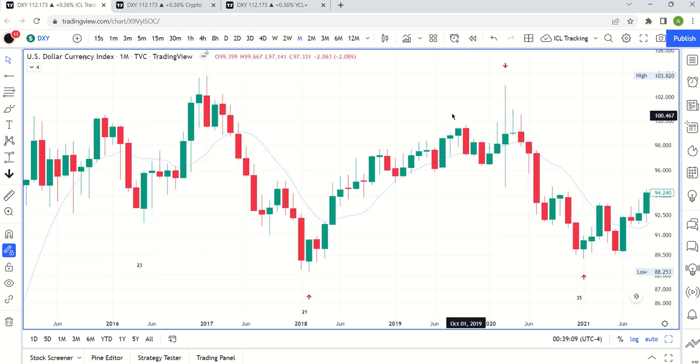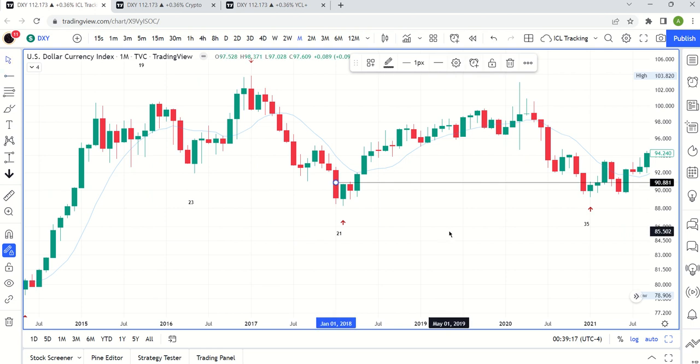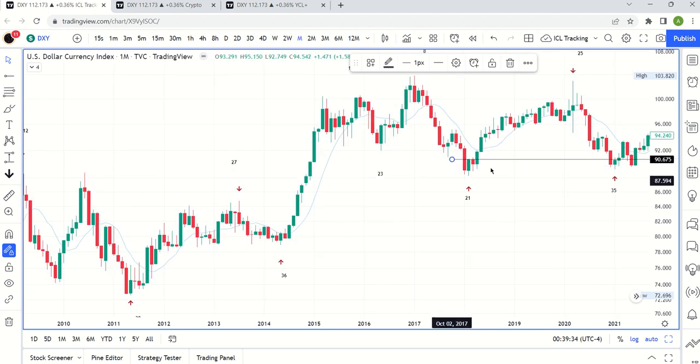As an example, this is your low from February 2018. We know it's our low once we crossed above the high from this candle, because this candle marks the low, and the high from this candle tells us we're now making higher lows. That's what a swing low is, and that's how we knew we were above that.